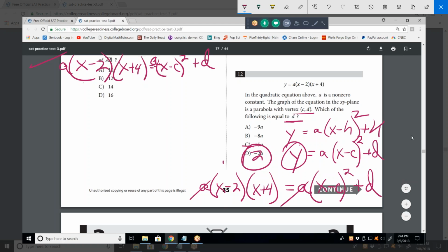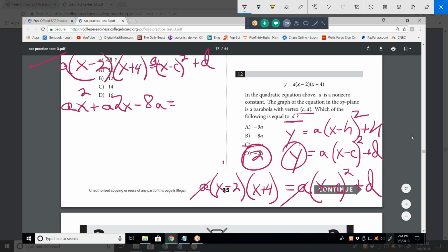I don't know that the a's are necessarily the same a, but let's see what happens. If I multiply those two linear expressions together and distribute the a, I get ax squared plus a times 2x minus 8a on the left side.